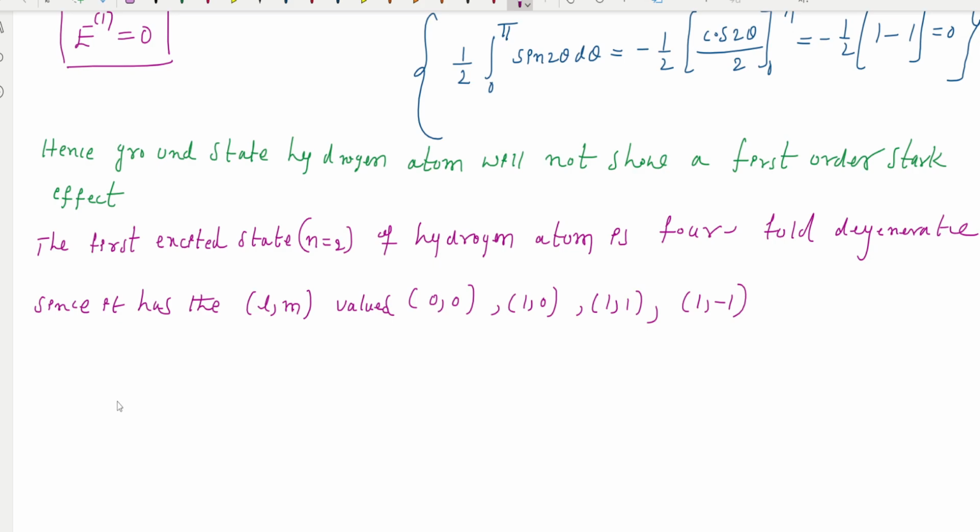Then for the first excited state n equal to 2, we can write the specific quantum states.